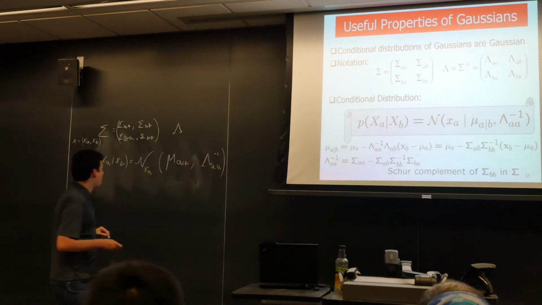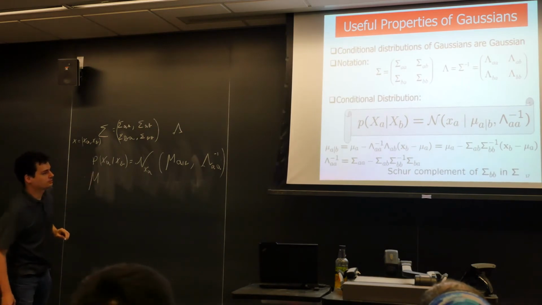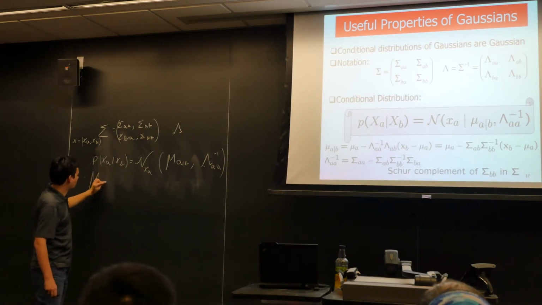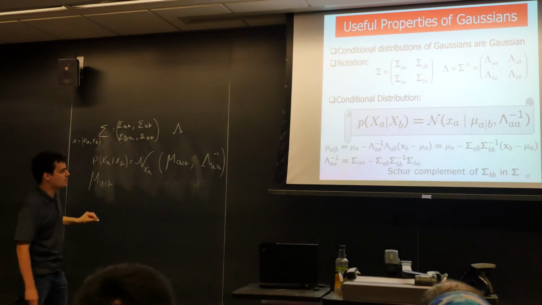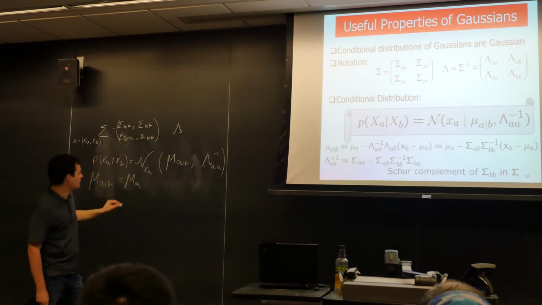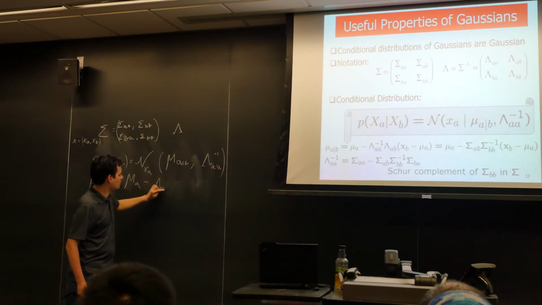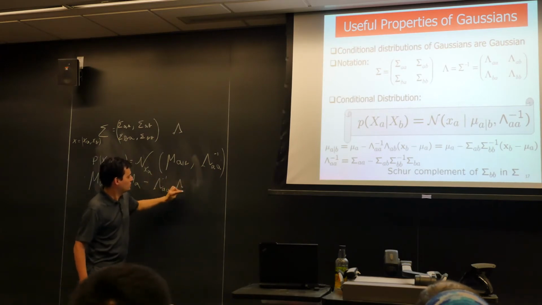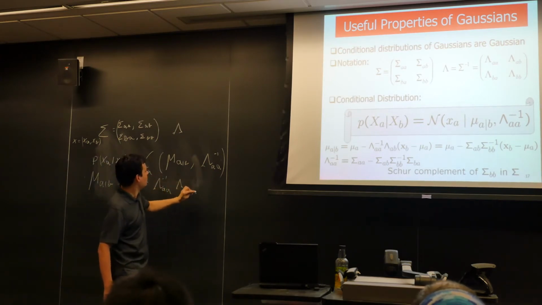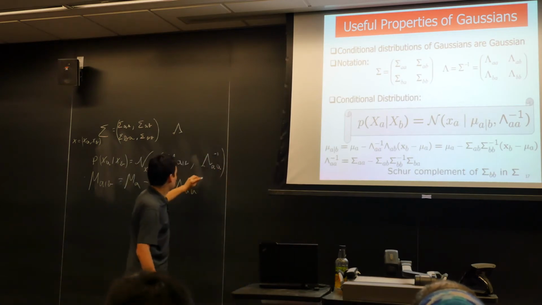It turns out that the mean of this conditional Gaussian distribution, mu AB, is just the original mean of A, modified to be lambda AA inverse times lambda AB times XB minus mu A. Again, lambda is just the inverse of the covariance matrix.